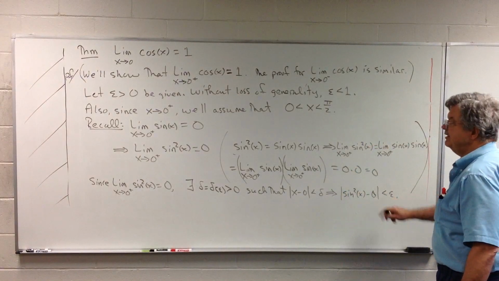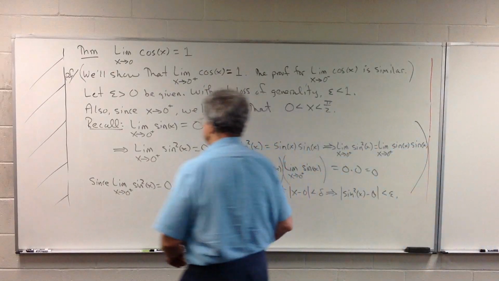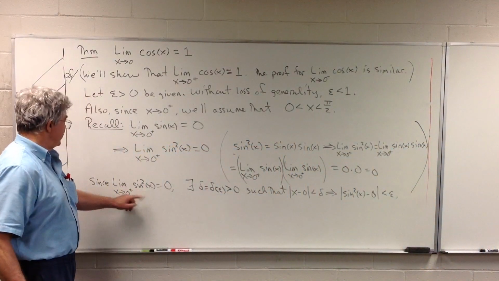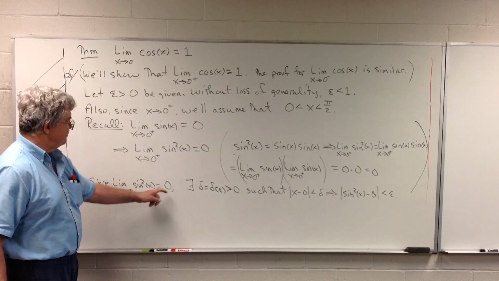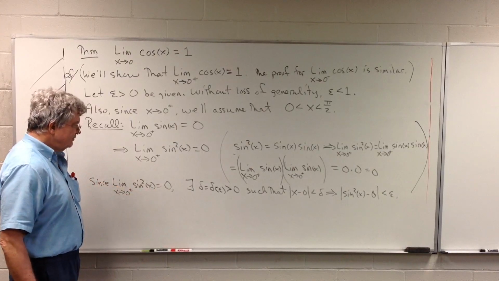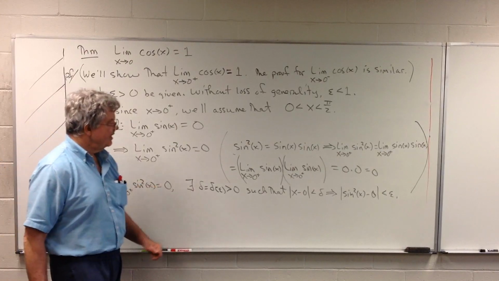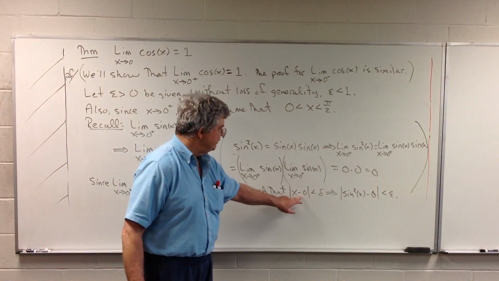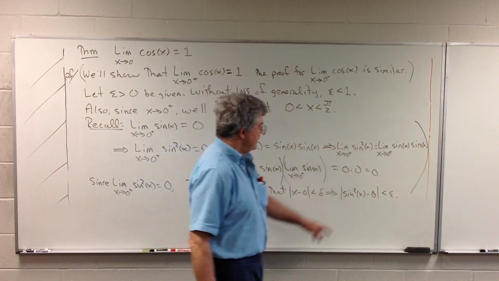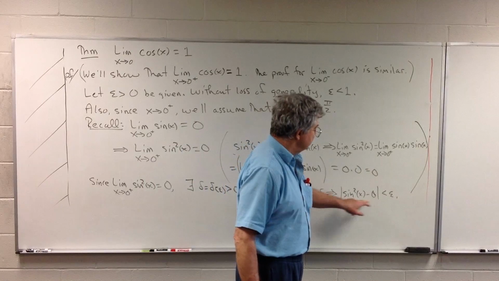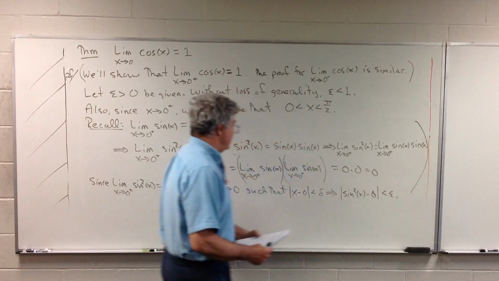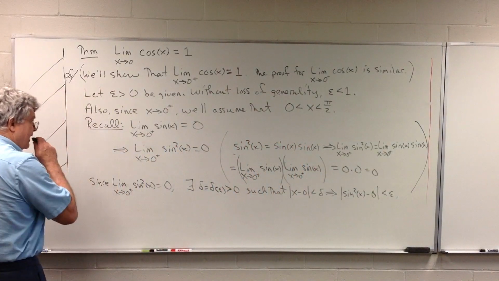This is what it means when we say the limit of sine squared x as x approaches 0 equals 0. And we can simplify that a little bit.